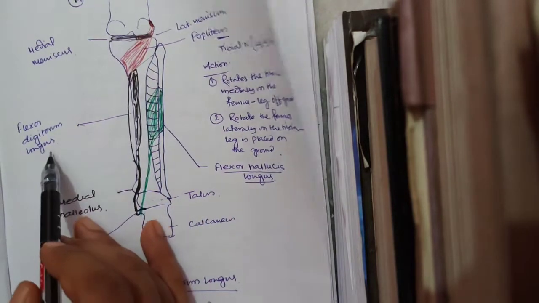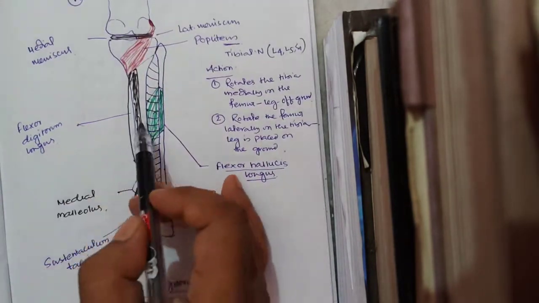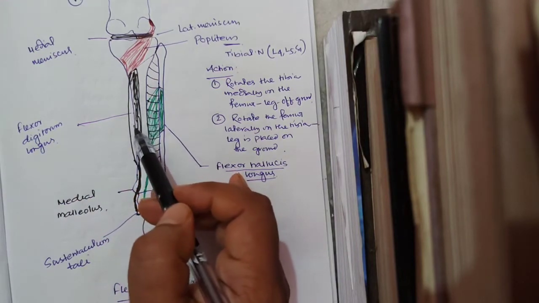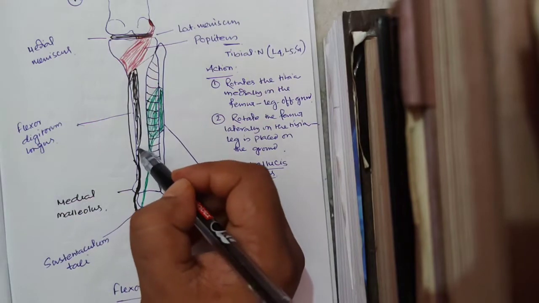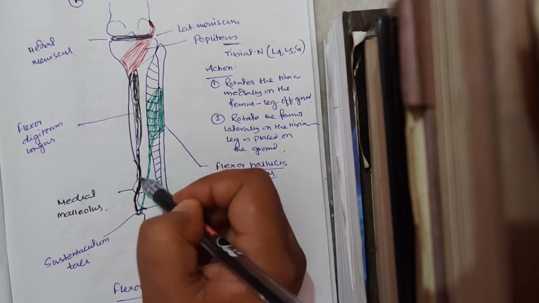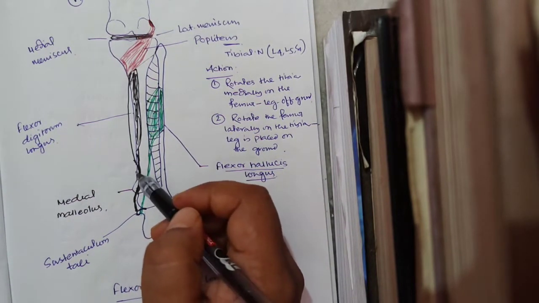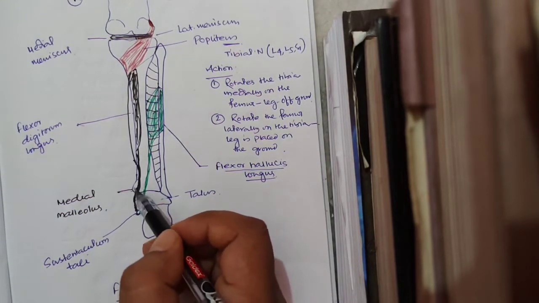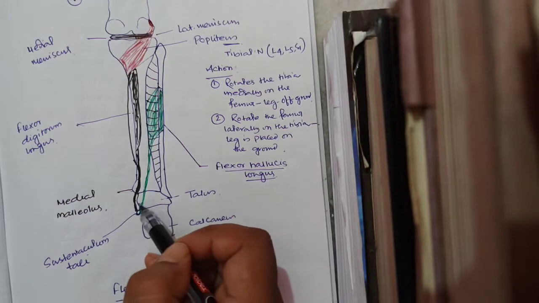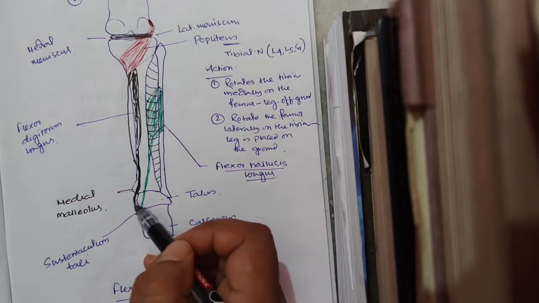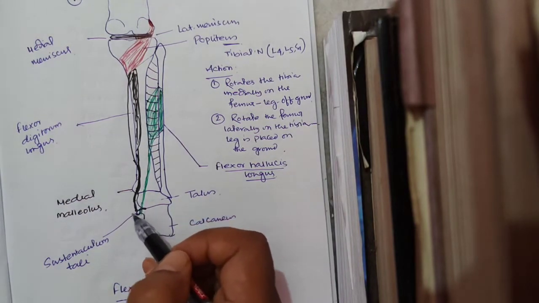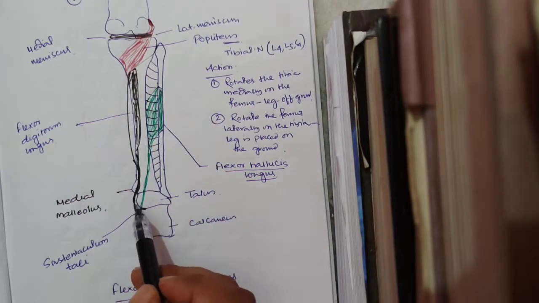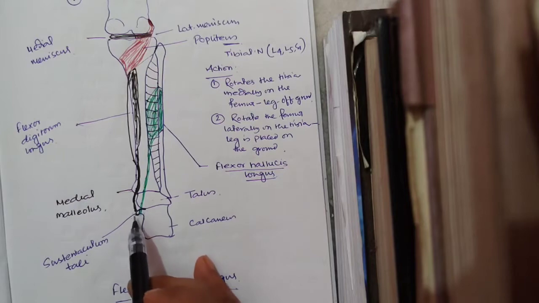So the flexor digitorum longus muscle originates from the posterior surface of the shaft of the tibia, and the muscle ends in a tendon which passes behind the medial malleolus. The tendon runs to the medial side of the talus and passes above the sustentaculum talli, and ultimately it crosses to the opposite side.